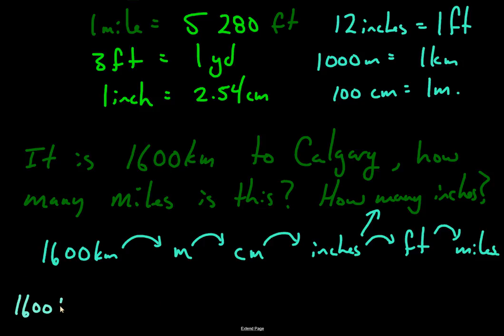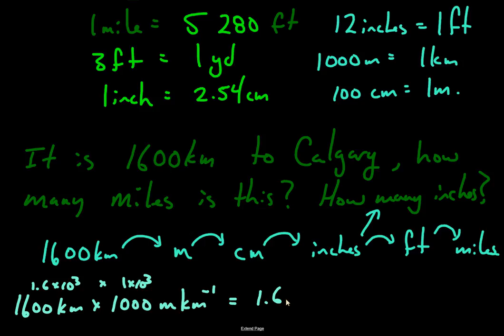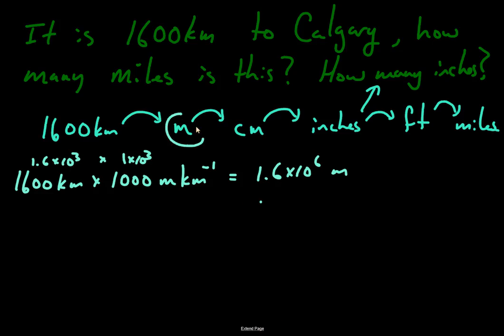All right, so 1,600 kilometers. And we know that there is 1,000 meters in every kilometer. Okay. Just to make this a little bit easier math-wise, 1.6 times 10 to the 3 times 1 times 10 to the 3. I should get 1.6 times 10 to the 6 meters. Okay. So that gets us to meters.